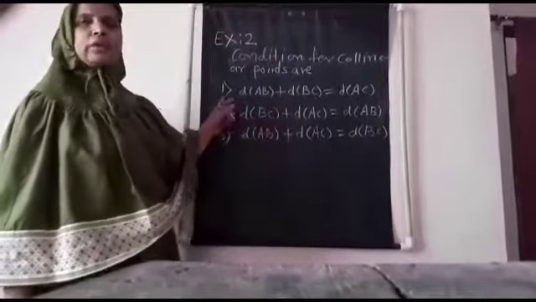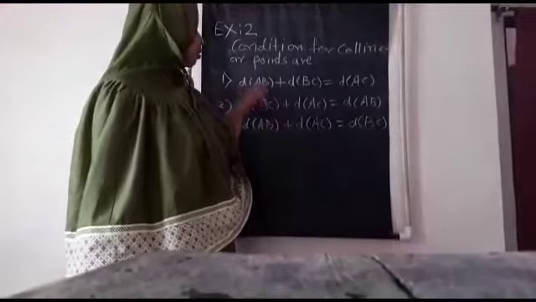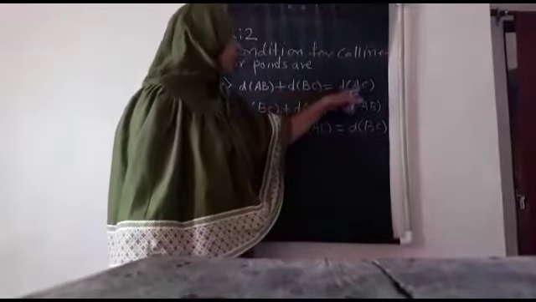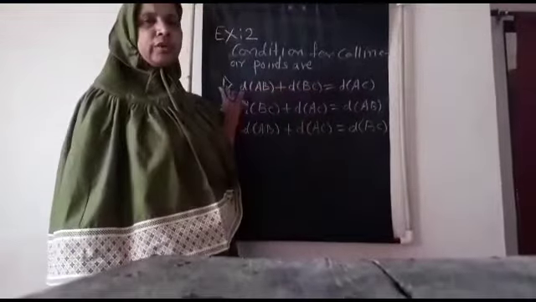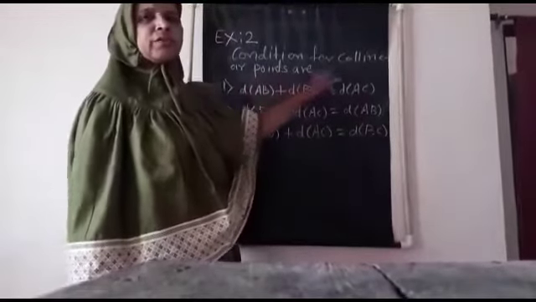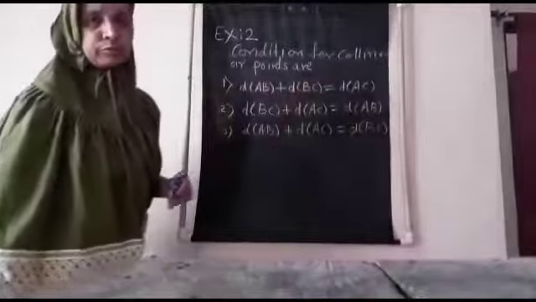We understand that when we add distance AB and distance BC, we get distance AC. So the first condition is satisfied for the 3 points. Therefore, points A, B, C are collinear points.